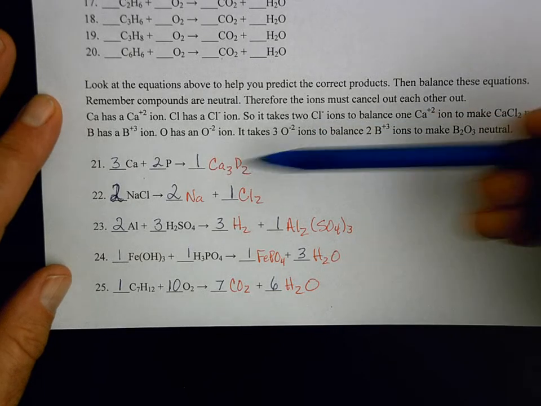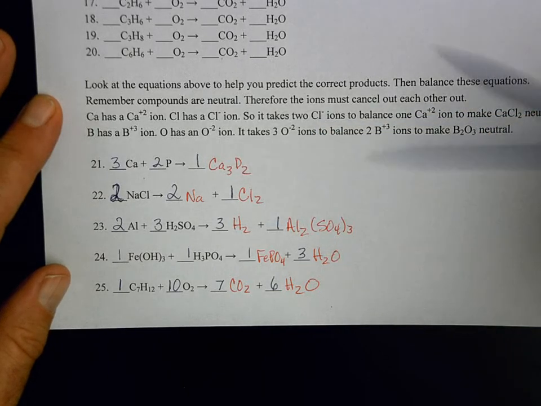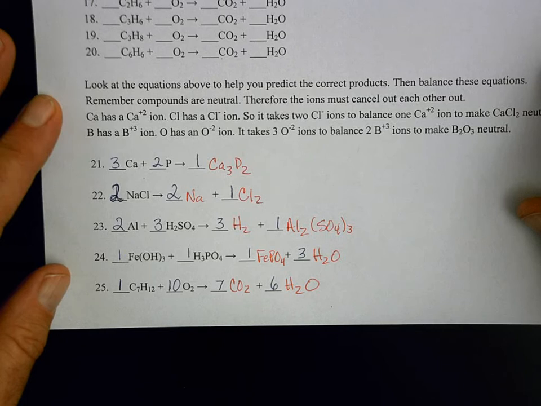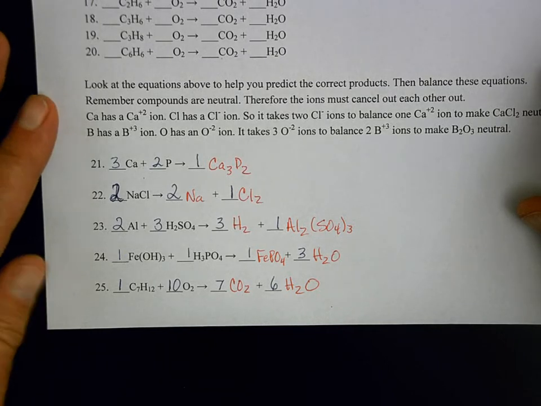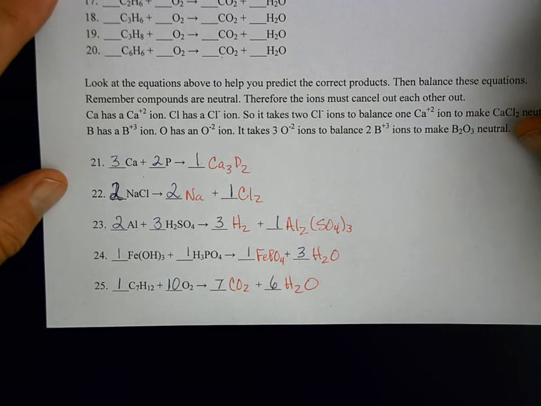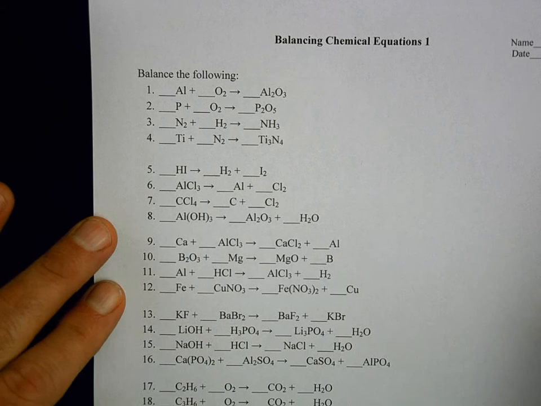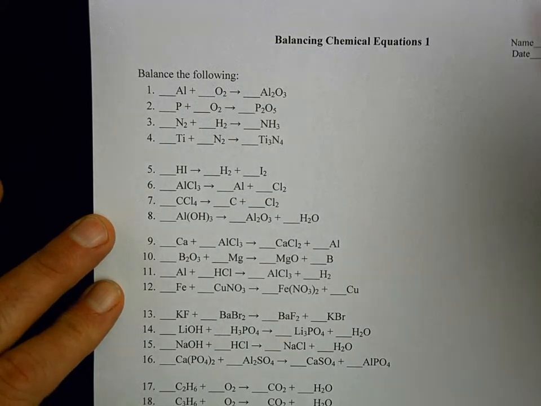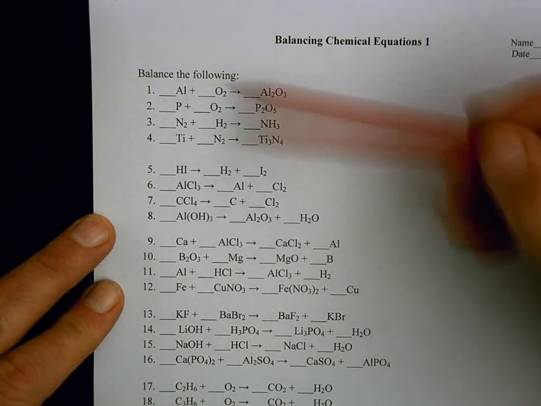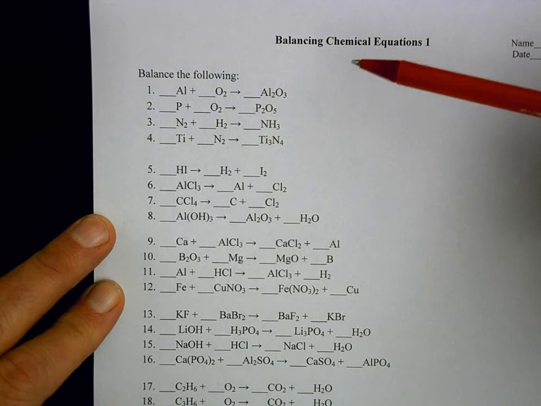Now, how did I come up with these products? The idea was you were supposed to look at what was on the top of the page and notice the patterns. So let's go up to the top and look at the first 4, for example. In the first 4, we have 2 things that get combined into one.